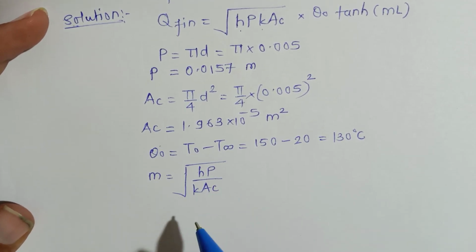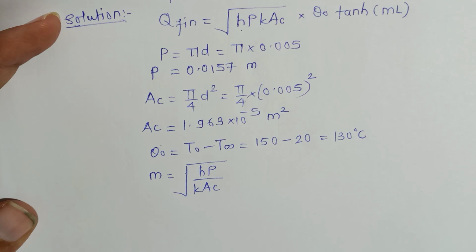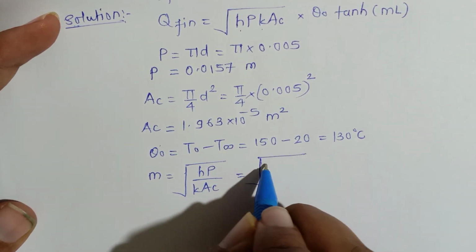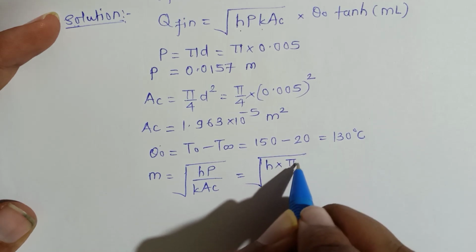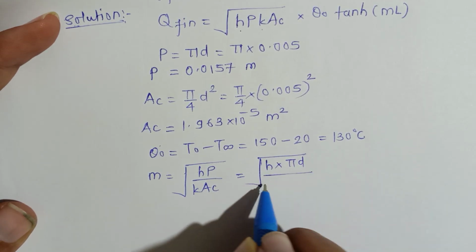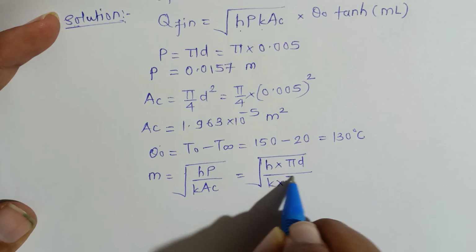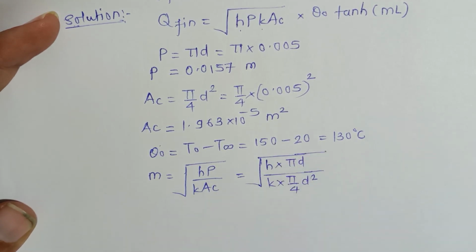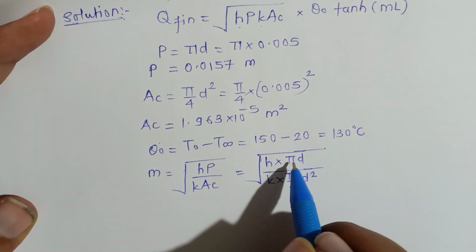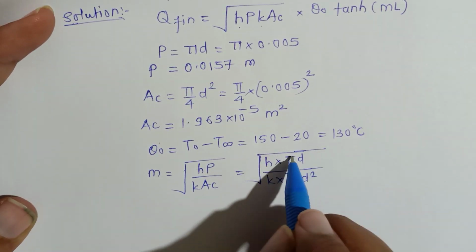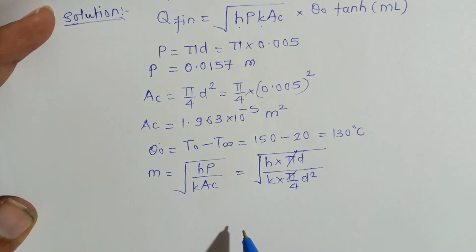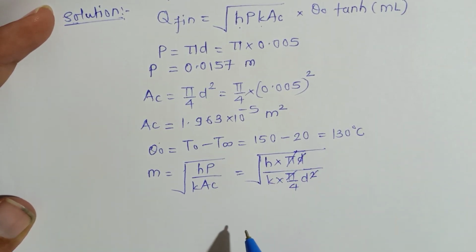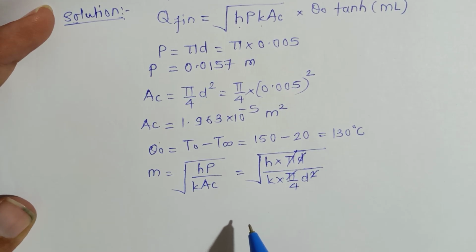Now we will use some common sense over here so that we can reduce the terms in our calculation. As we know, h is already given, perimeter P is nothing but pi d, k is there, and cross-sectional area is actually pi by 4 d square. So what you will observe, there is one pi in the numerator and one pi in the denominator, so they can cancel each other. One diameter in the numerator and one diameter from the square in the denominator, they can cancel each other.